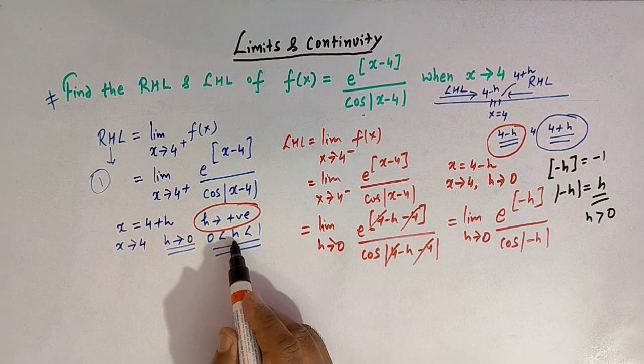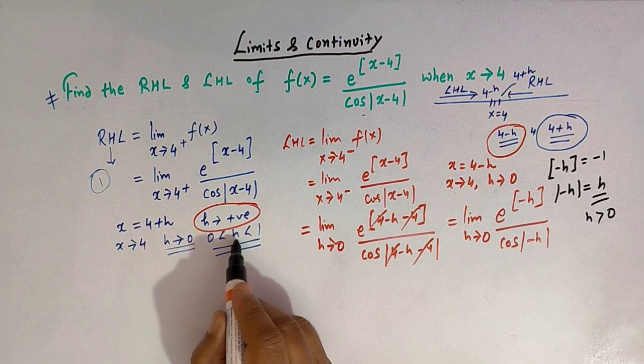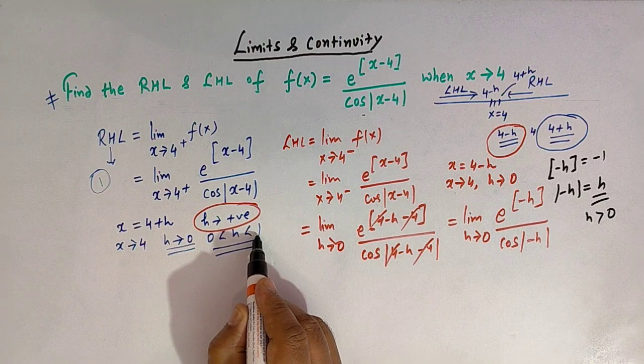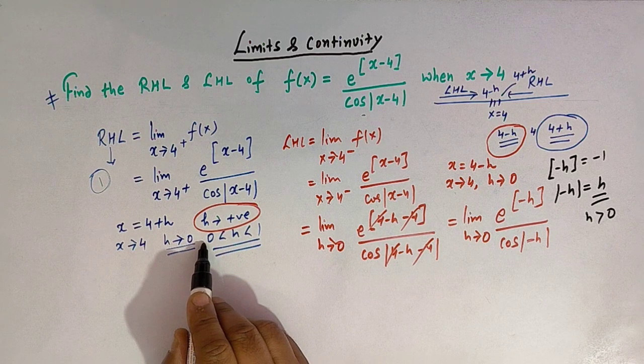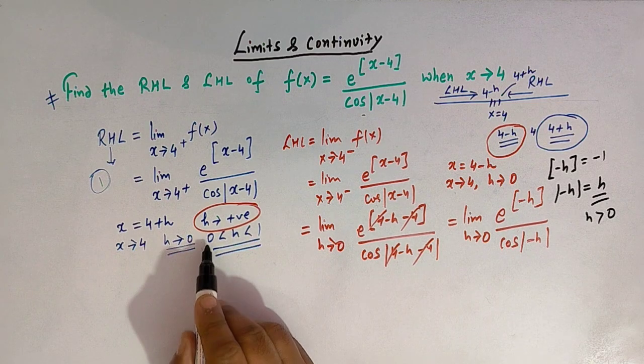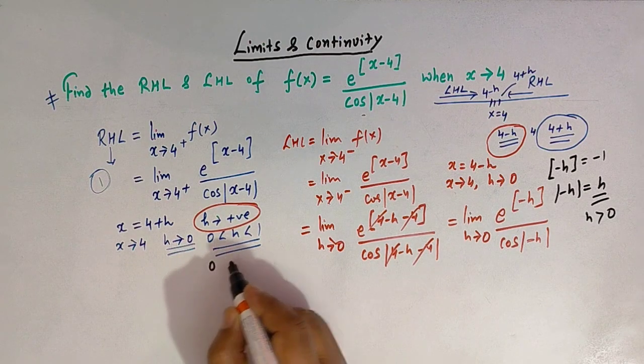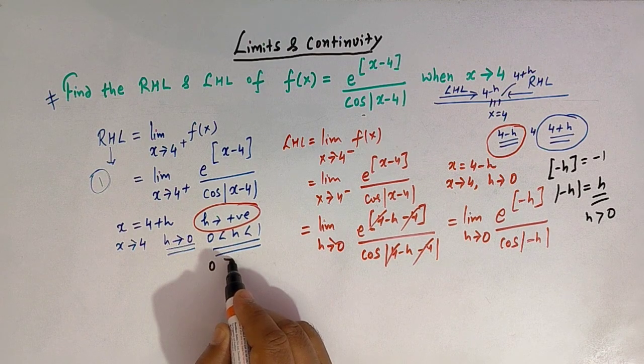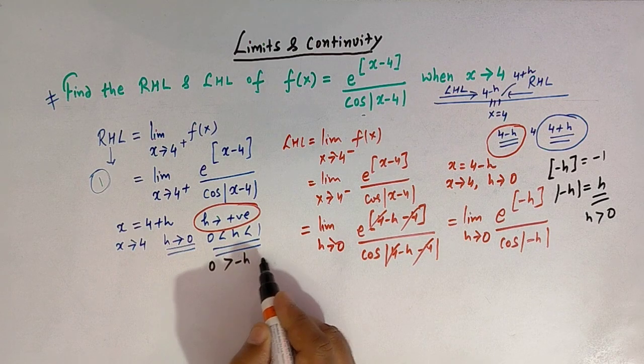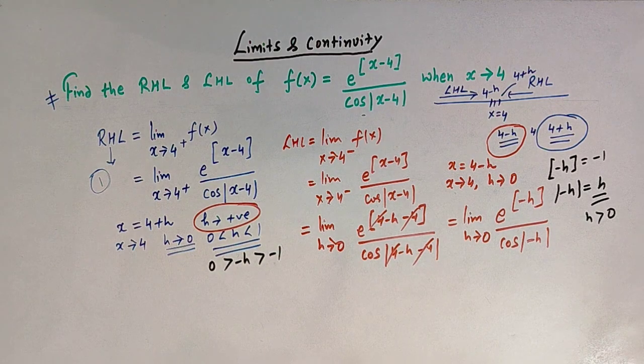Why? Because see, here we have h lying between 0 and 1, right? So if we multiply throughout by negative 1, then the direction of the inequality gets reversed. So here we have minus h, and here we have minus 1, right?